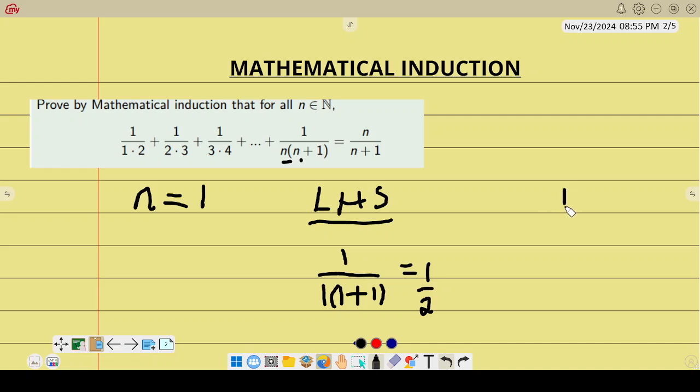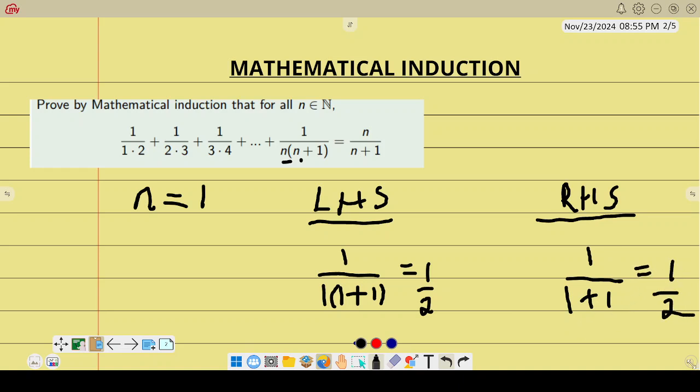What about on the right? On the right hand side, we test as well. On top we have a 1, over n plus 1, here 1 plus 1. So obviously you can see this is also 1 over 2.